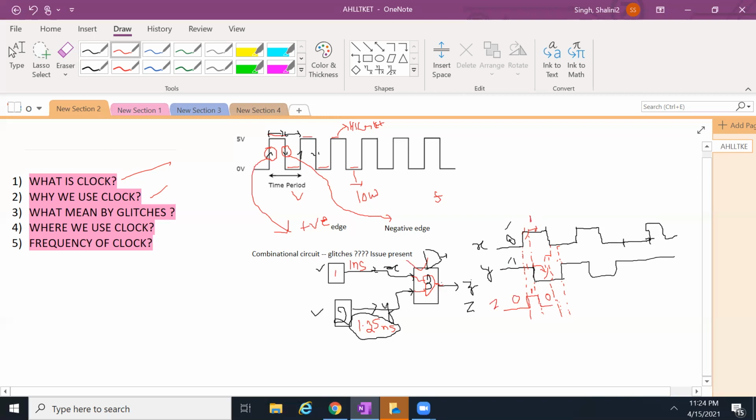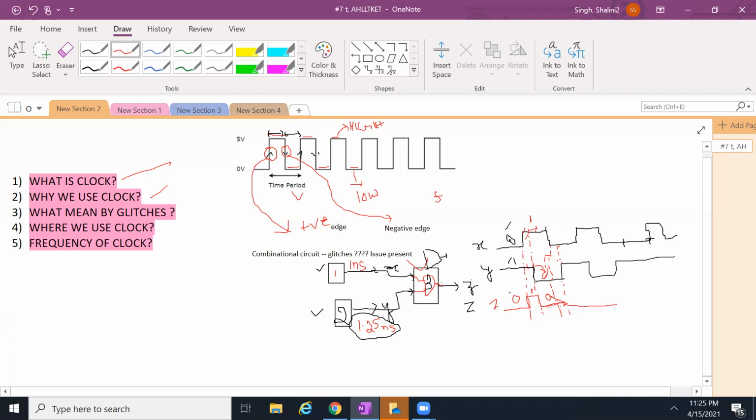At X its value is 1 and in Y its value is 0, so if you do the AND operation we get 0, right? Then it continues till this point, then again 0 and 0 gives 0, and again 0.